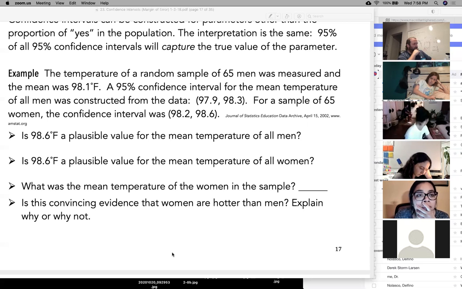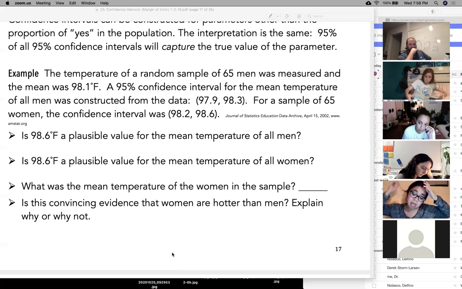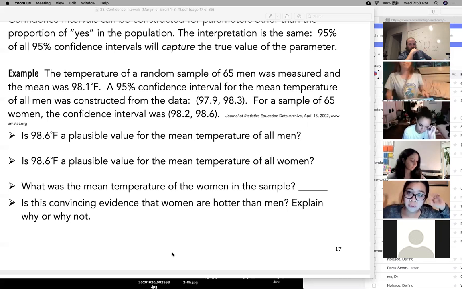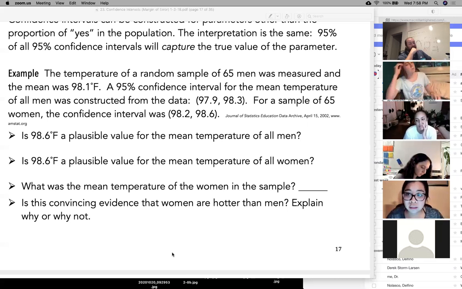So what is it that allows us to answer this question? What is the deciding factor in deciding whether or not we have convincing evidence or just moderate evidence? That the intervals are higher, like the interval of 98.6 is higher than the men's. It is higher, but there's one aspect of it which is not higher, and that is that these two intervals overlap.